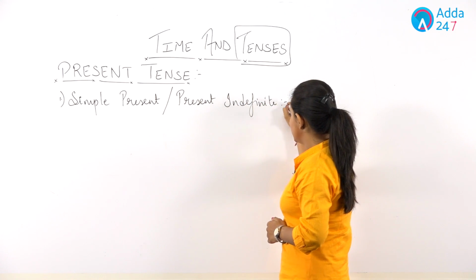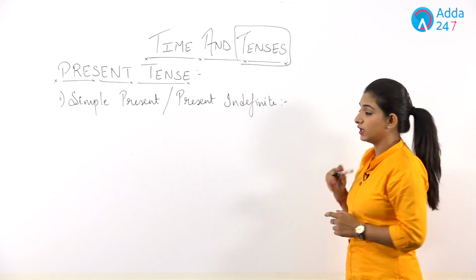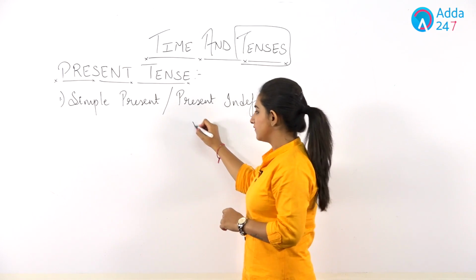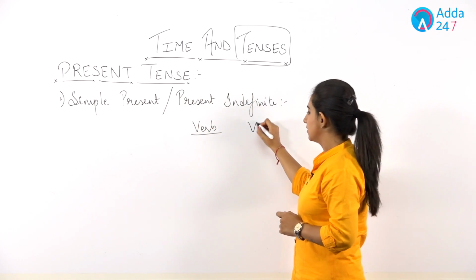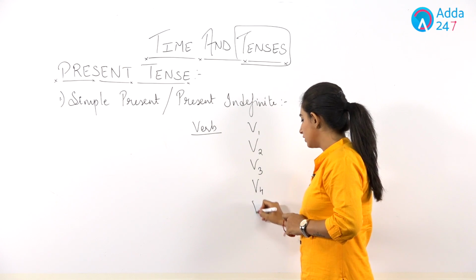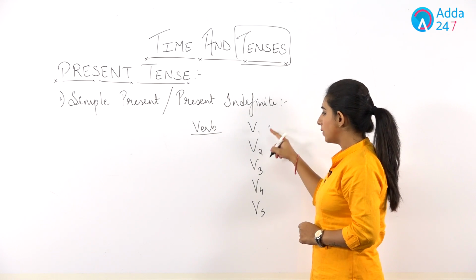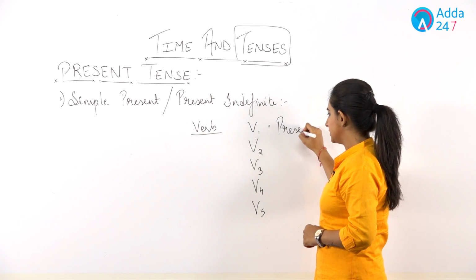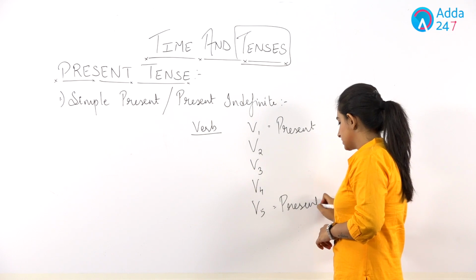If we talk about it, what is the sentence structure that is followed? Before telling you the sentence structure, I must tell you we have verbs, 5 forms, that says first form V1, V2, V3, V4 and V5. Now if we talk about them, V1 is used in present tense and V5 is also used in present tense.